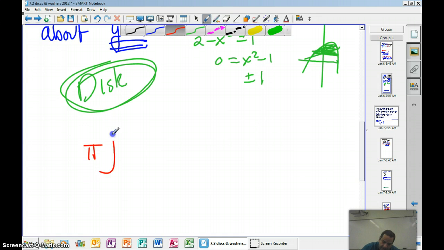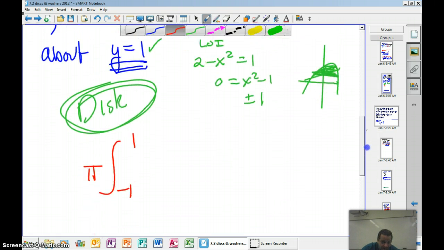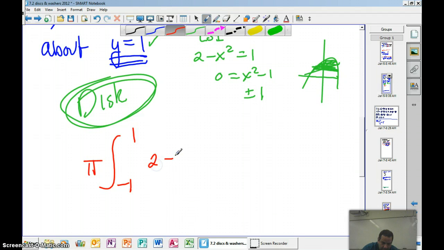It's pi. It's from -1 to 1. And it's going to be 2 minus x squared. But wait a minute. 2 minus x squared. Okay? But since it went up 1, I have to take that away from it. All right?